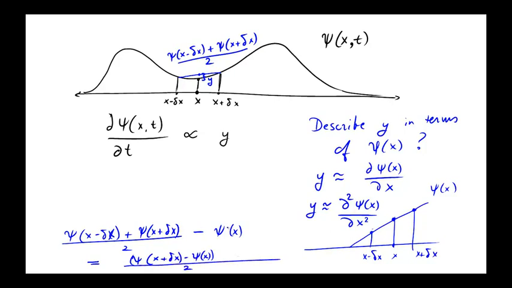I'm just putting this and this together, minus another psi of x, and then I can subtract off psi of x minus delta x.